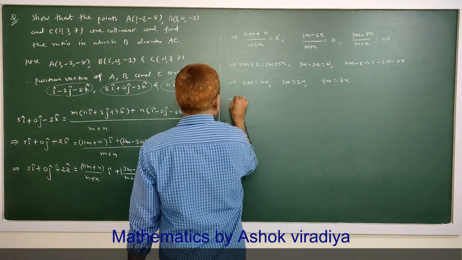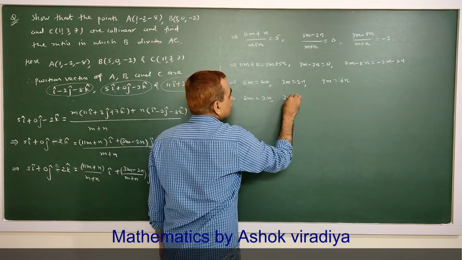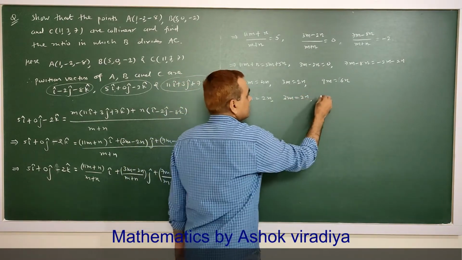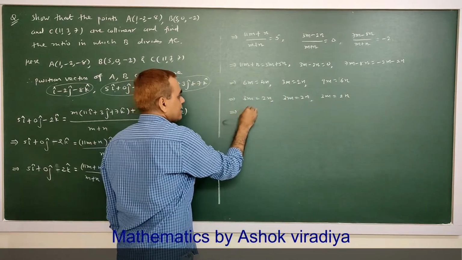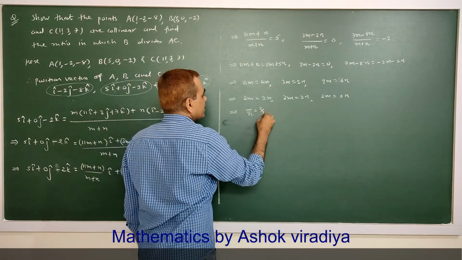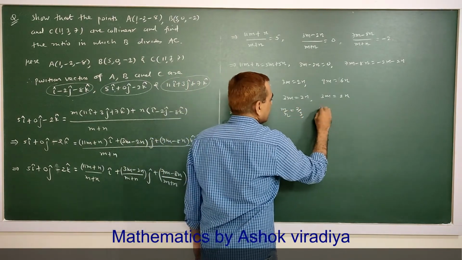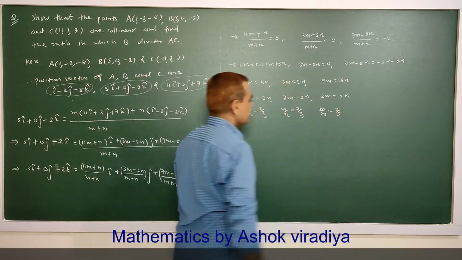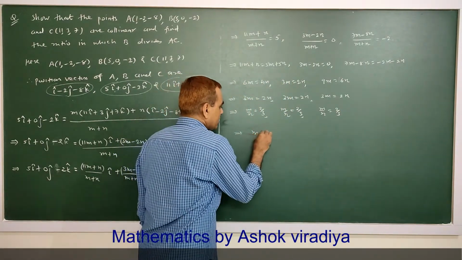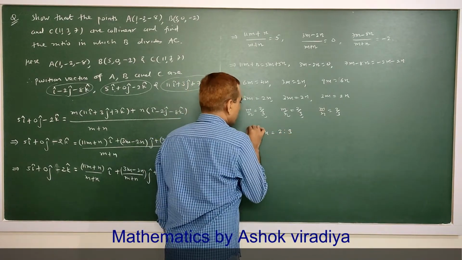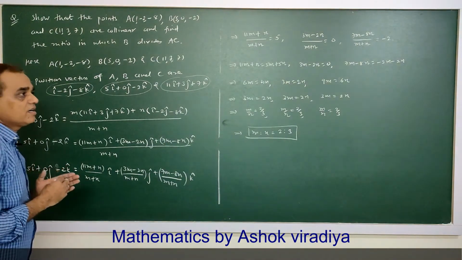So that means 3m equals 2n. That means m by n is 2 by 3, so the ratio is 2 is to 3. This is the required ratio in which B divides AC.